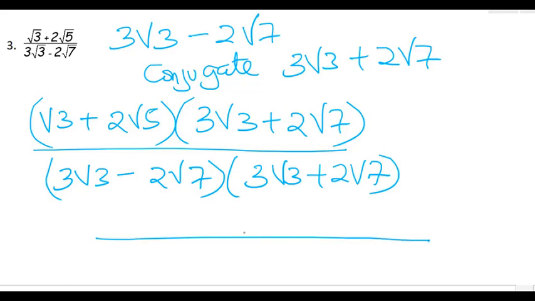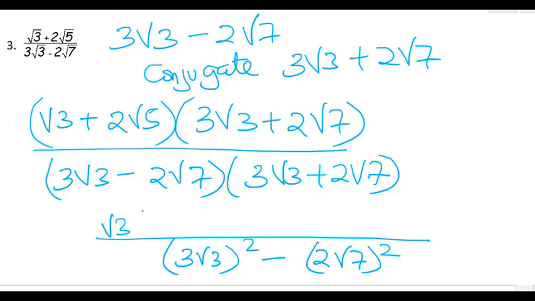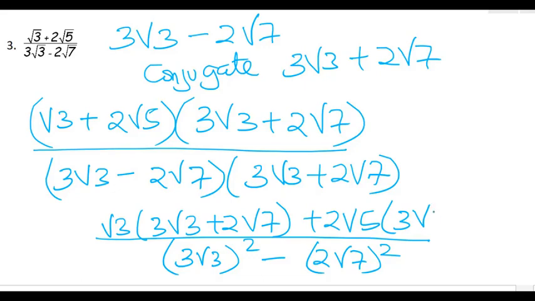The denominator will simplify to 3 root 3 squared minus 2 root 7 squared, whereas the numerator will have root of 3 into 3 root 3 plus 2 root 7. We multiply that one by plus 2 root of 5 into 3 root 3 plus 2 root of 7.